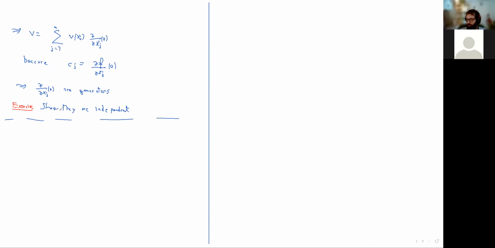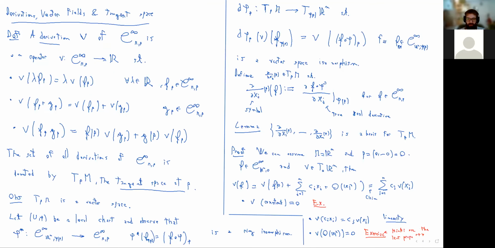Okay, so now we have this notion of differential, but we only defined it for local charts for now. We said, this is what we call the differential, but we only really defined the differential of a local chart.